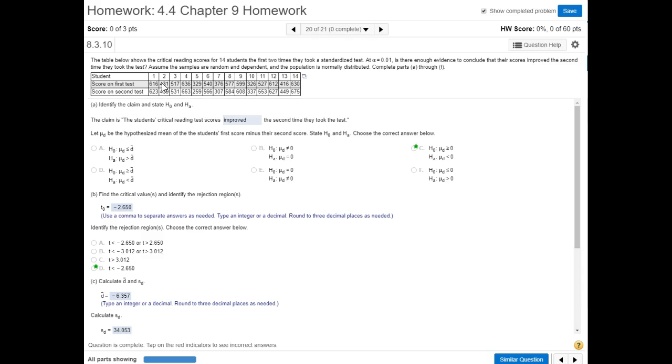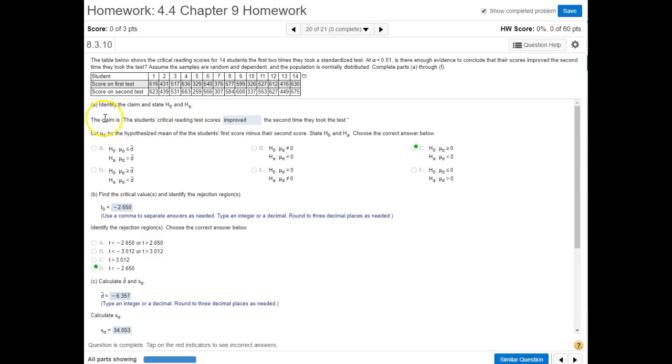So you're taking a larger number from a smaller number. So it's like 3 minus 5. 3 minus 5 is a negative, is less than 0. So the difference is going to be less than 0. So the alternative hypothesis is your claim. Hopefully that makes sense.